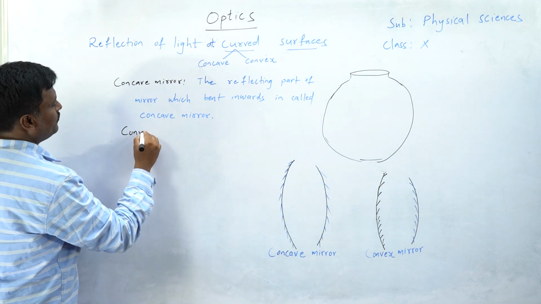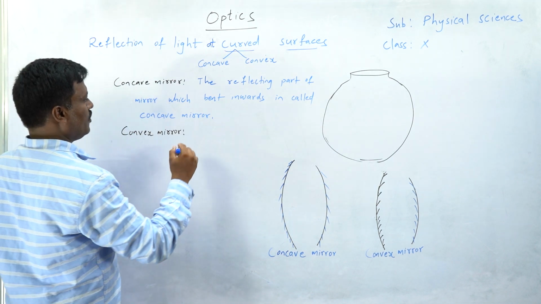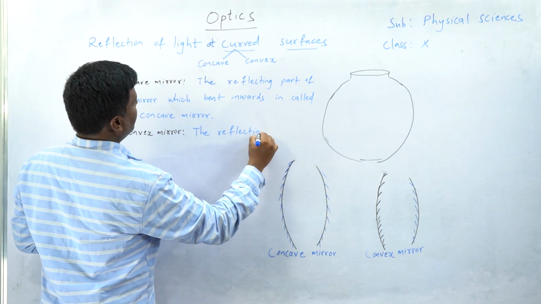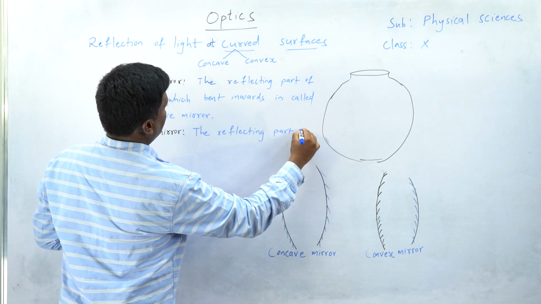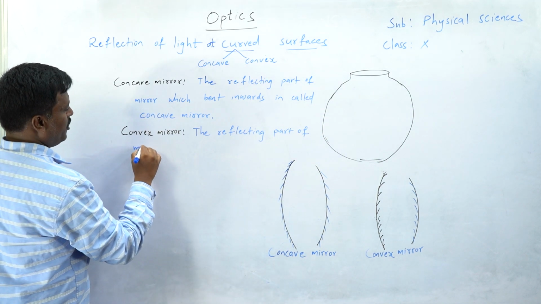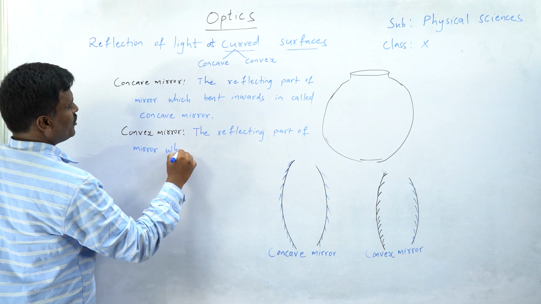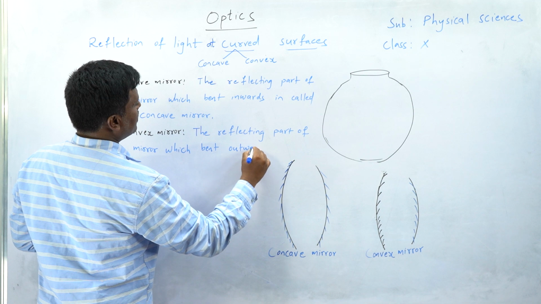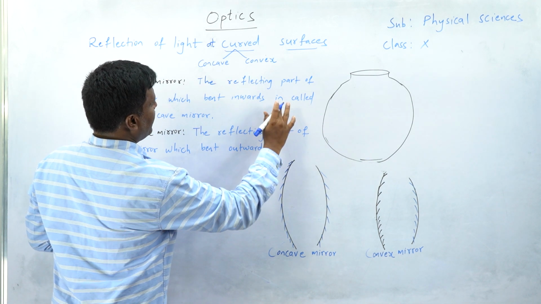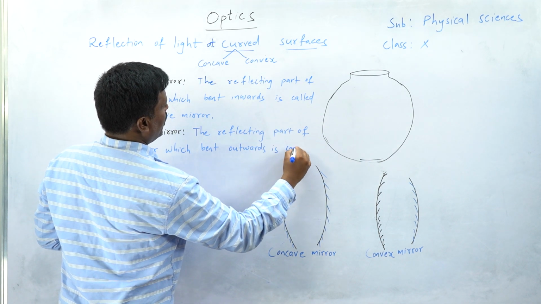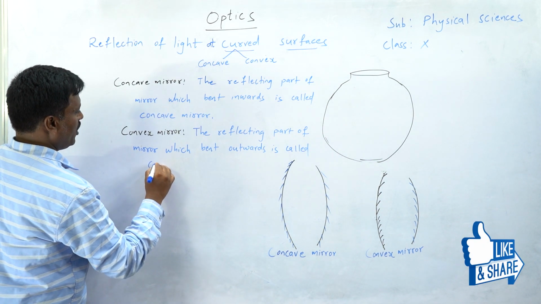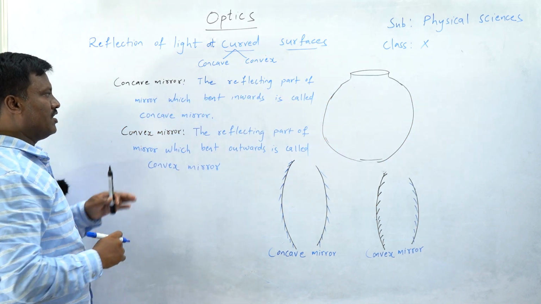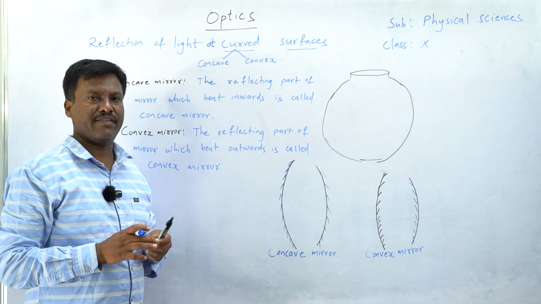Convex mirror: the reflecting part of the mirror which is bent outwards is called a convex mirror. So these are the two definitions of the concave mirror and convex mirror.